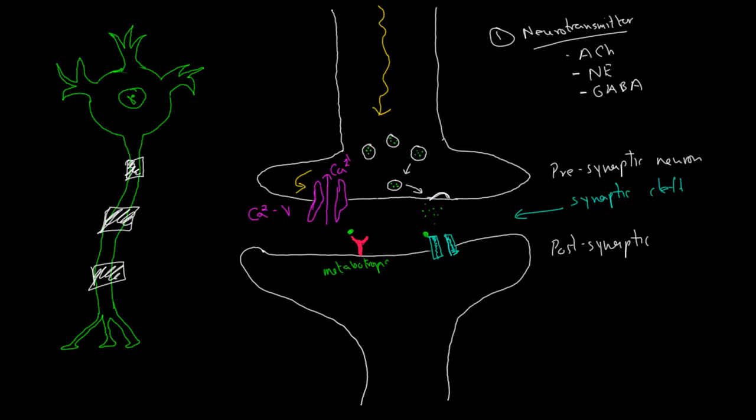Or the neurotransmitter can also bind to ionotropic receptors, and these cause very quick changes. They can cause inward flows of ions such as sodium. And if you'll remember, sodium is a positively charged ion, and that can affect the membrane potential of this postsynaptic neuron.